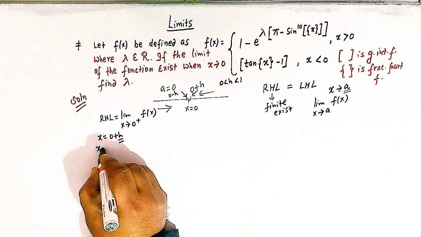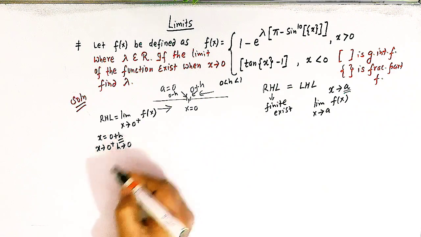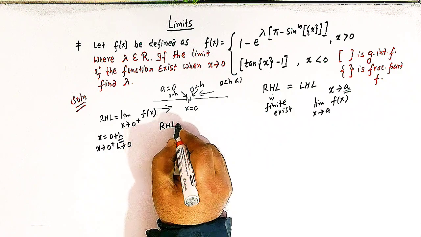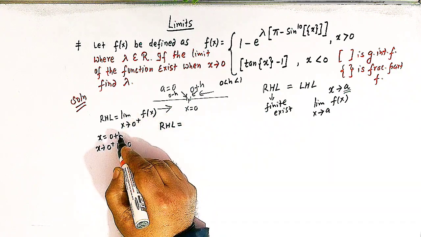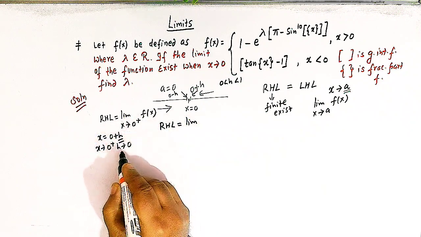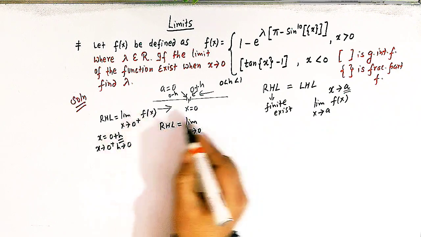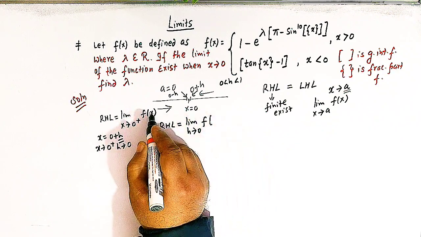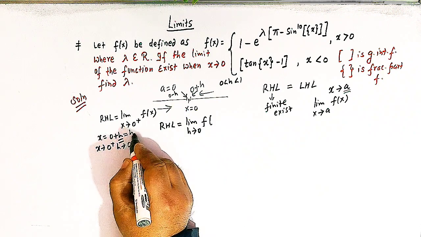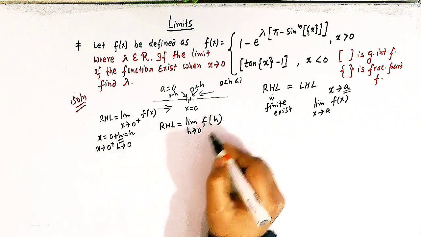So when x tends to 0, then h tends to 0, right? So now the right hand limit can be expressed in terms of h, that is the limit where x tends to 0 is replaced by h tends to 0, and here we have f of x. So x is 0 plus h, which is h, so here we have f of h.